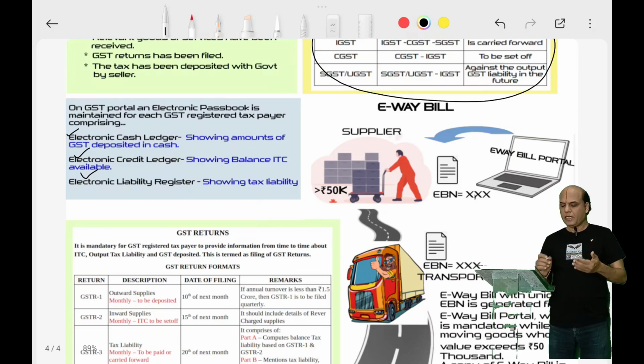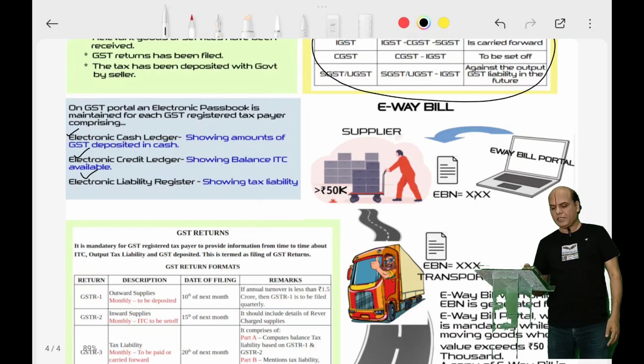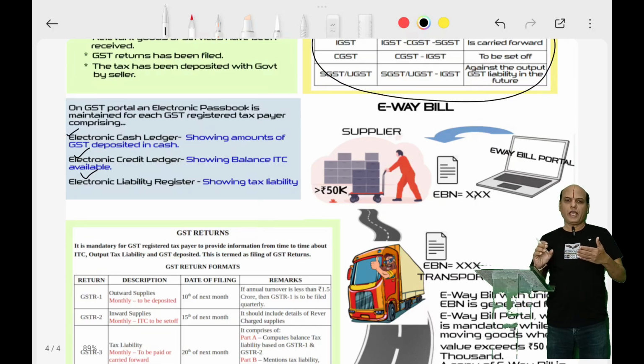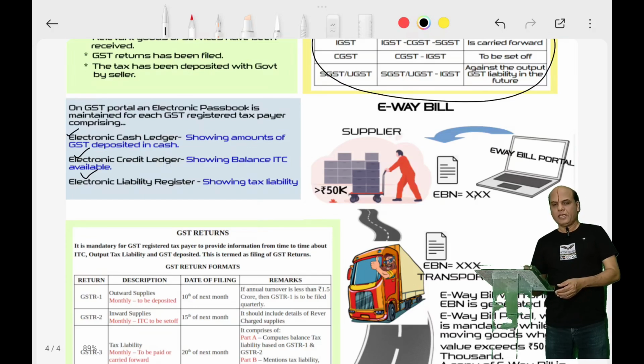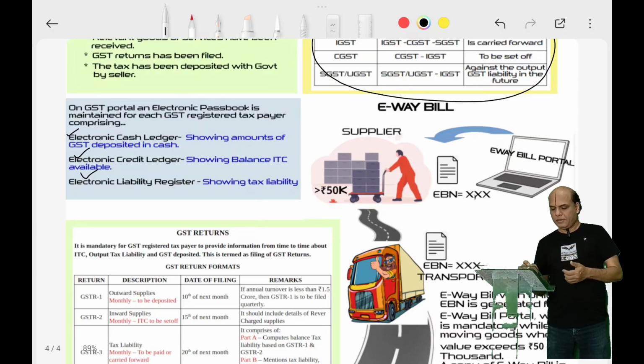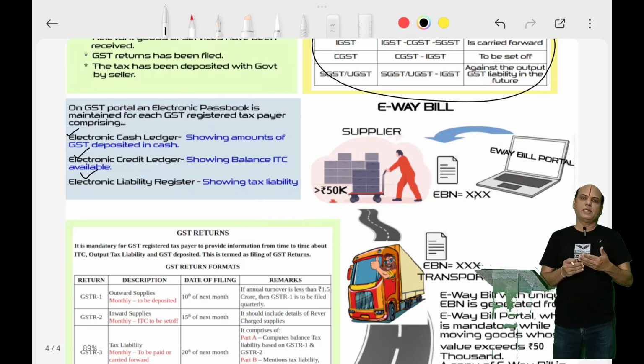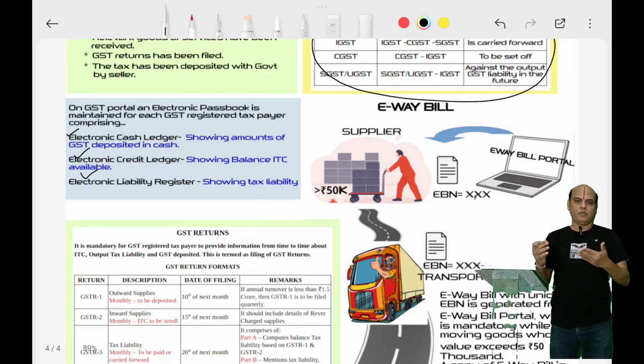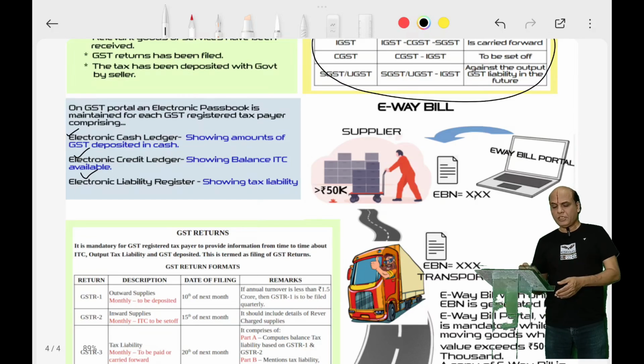Any taxpayer can log into their GST portal and see the cash ledger, which will show the details of amounts of cash deposited as GST by the taxpayer. Then credit ledger shows the balance input tax credit standing against that particular taxpayer. Then electronic liability register shows what is the tax liability that the taxpayer is supposed to pay to the government as GST.